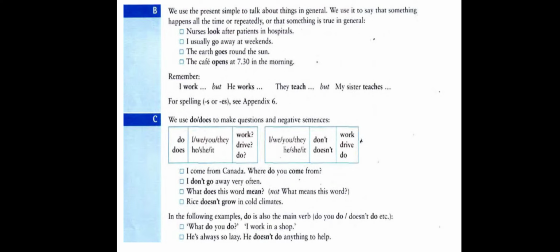We have main verbs, like work, drive, do. When we have a main verb, we must bring an auxiliary verb, or what is called a helping verb, do, does, to form the question, to form a yes or no question and other types of questions, and to form the negative.